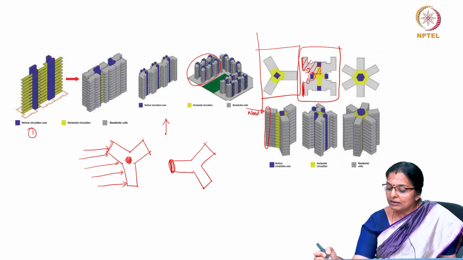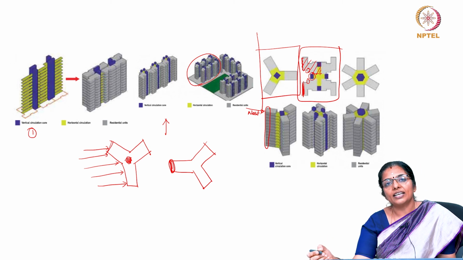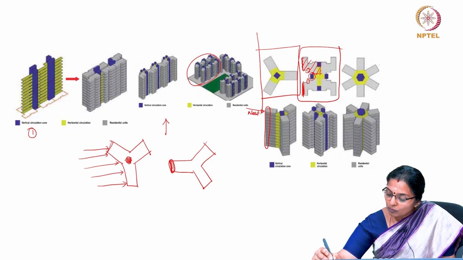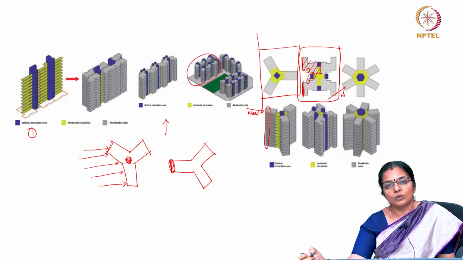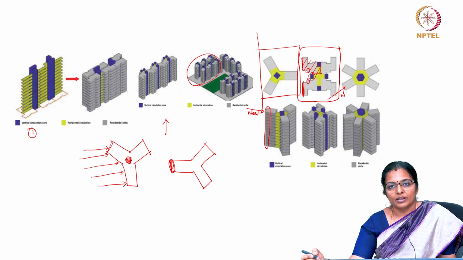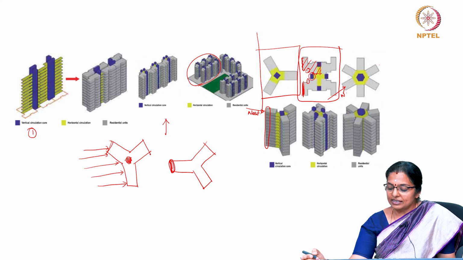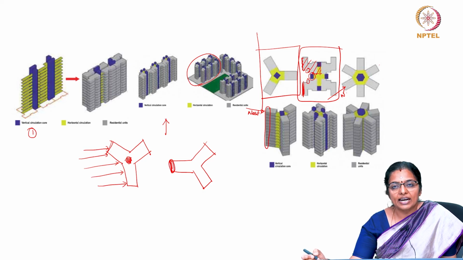This house is highly unlikely to have direct solar radiation unless one of these directions is the western direction, direct western direction. And based on this, you must arrive at a proper form.